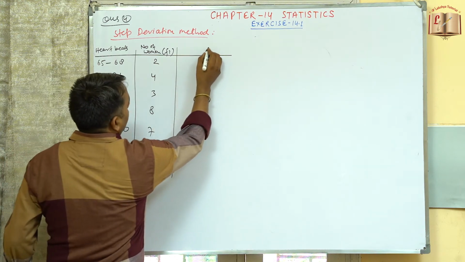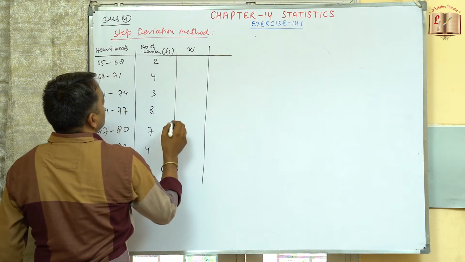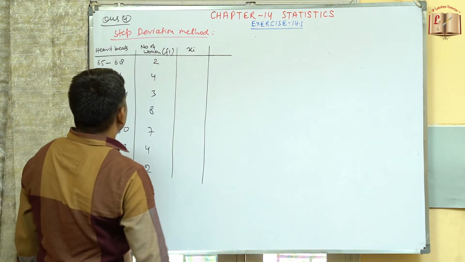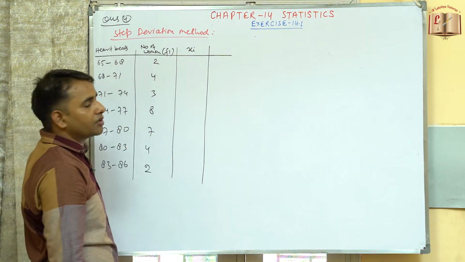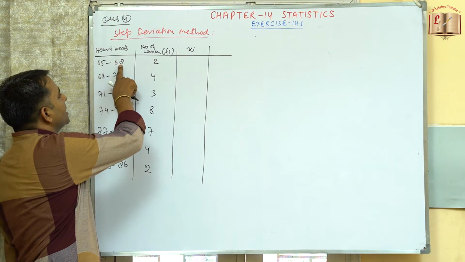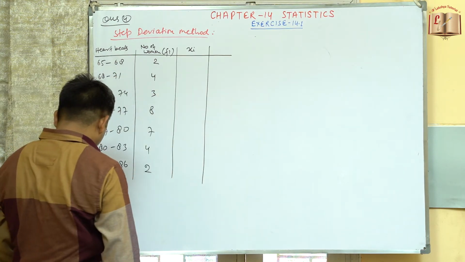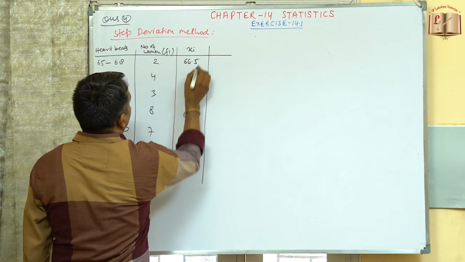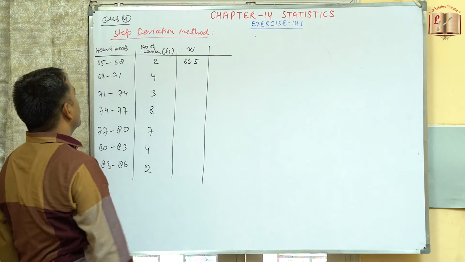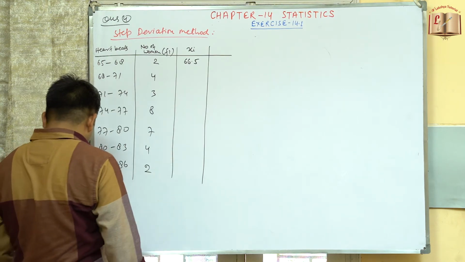Now first of all we will calculate the Xi as we have done in the previous questions also. Xi will be the sum of the lower and upper limit divided by 2. So this will be 65 plus 68 by 2 for this Xi. So for here it will be 66.5. Now the difference is only 3, so 3 will be added up.